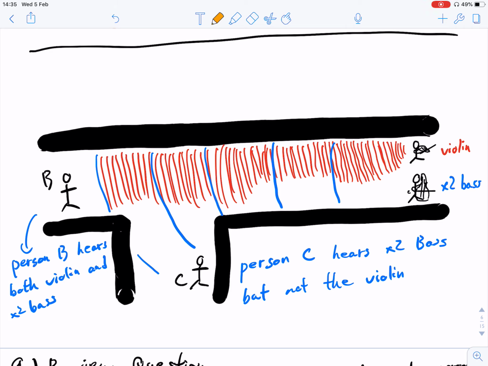So person C would be able to hear a double bass, whereas person C cannot hear the violin, whereas person B, because obviously they are in line of sight, will hear both the violin as well as the double bass.